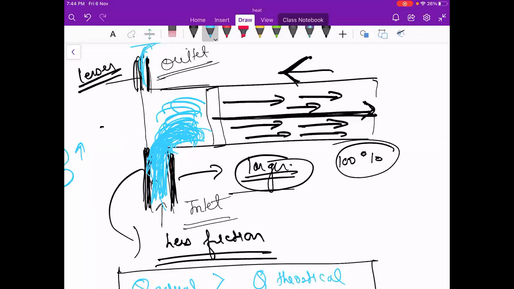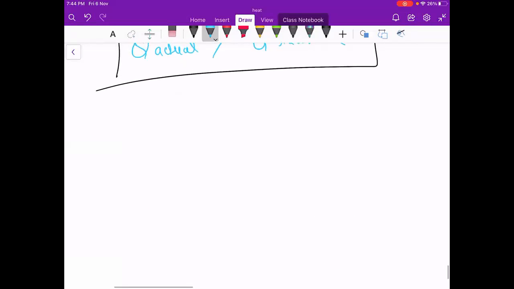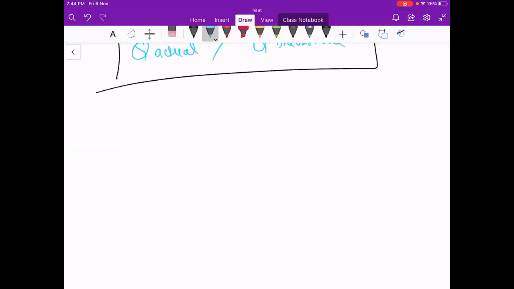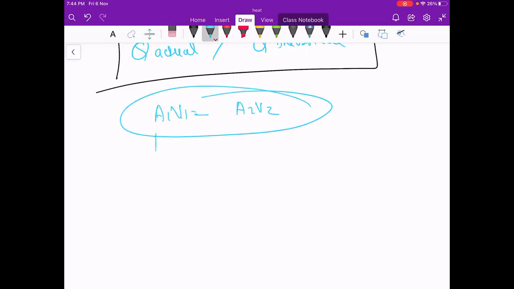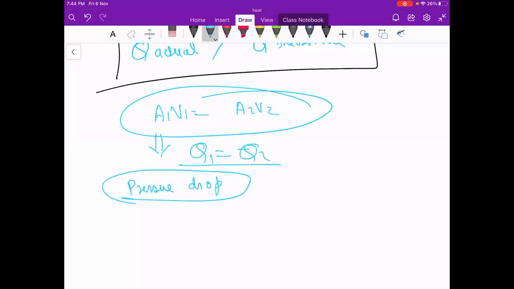Yes, a valve controls the pressure drop, not the flow. Why do we use a valve? Basically to control the flow. But our continuity equation says A1 V1 equals A2 V2, so actually we are not controlling the flow rate, Q1 equals Q2. We are controlling the pressure drop, because you are creating an obstruction.